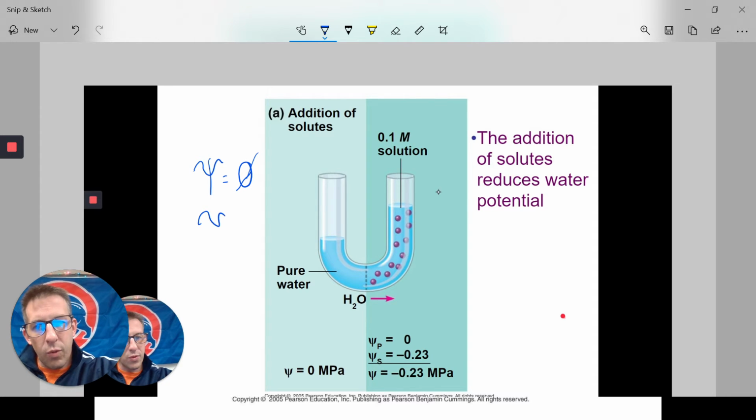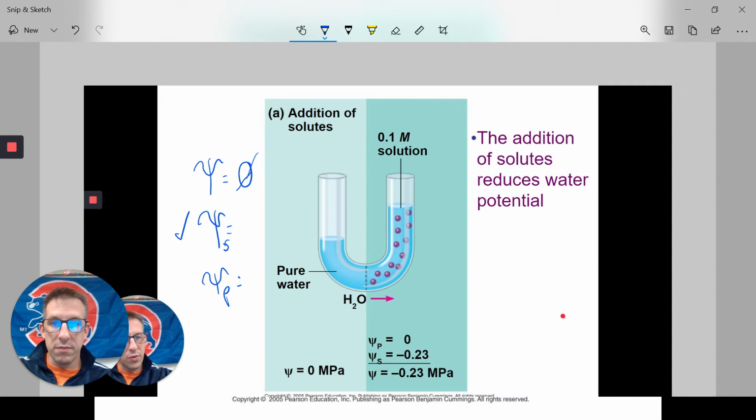But we know that water potential is a function of the solute potential and also a function of the pressure potential, right? But it doesn't say anything about either one of those two things, right? But what do we know about the solute potential? What has to be in the solution to change the number for solute potential?